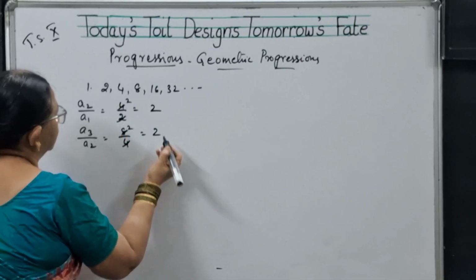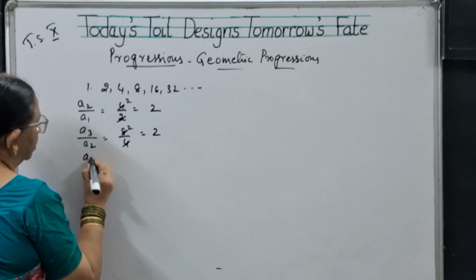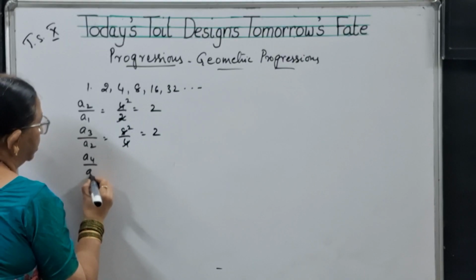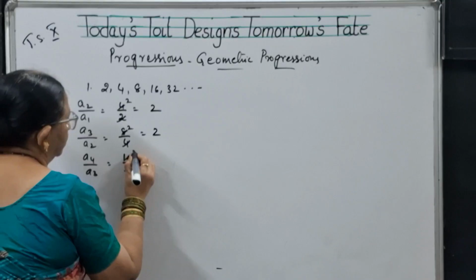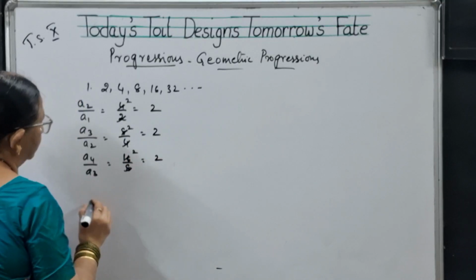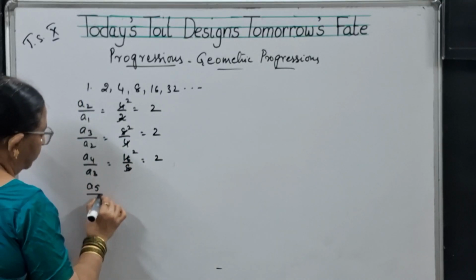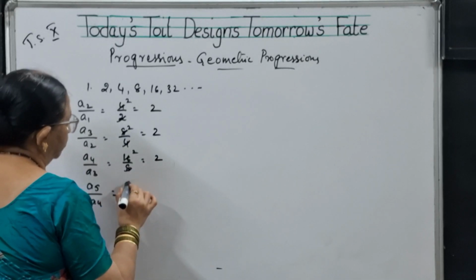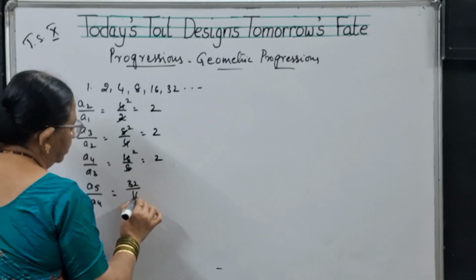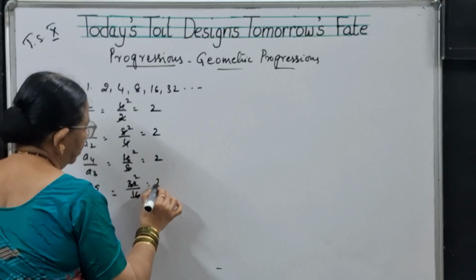This is again 2. And if I take A4 and divide it by A3, here also 16 by 8, I am getting 2. Then I have A5 divided by A4. What am I getting? A5 is 32 by 16. I am getting its value as 2.